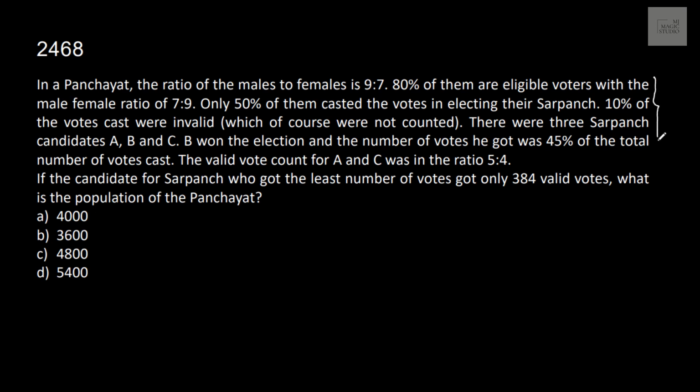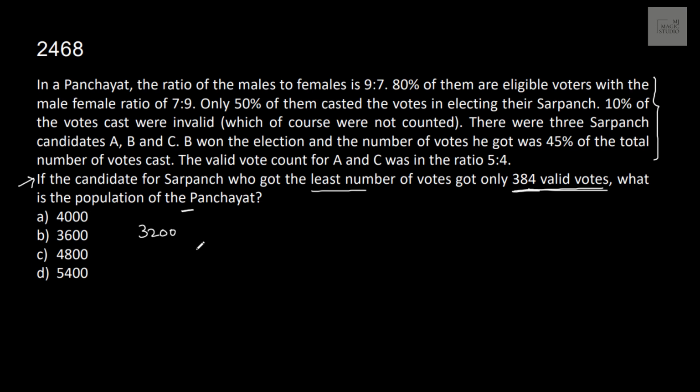I said one more question from the same data. And the question here is, if the candidate for Sarpanch who got the least number of votes got only 384 valid votes, what is the population of the panchayat? Here let us start with the data which we already have.